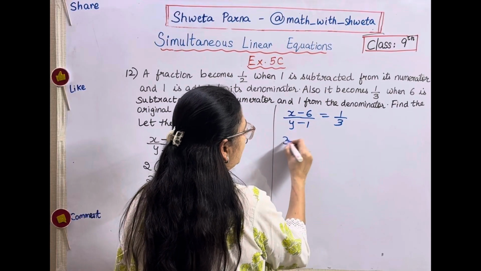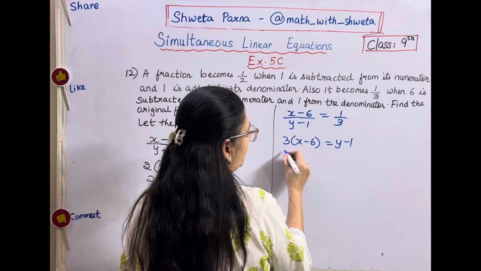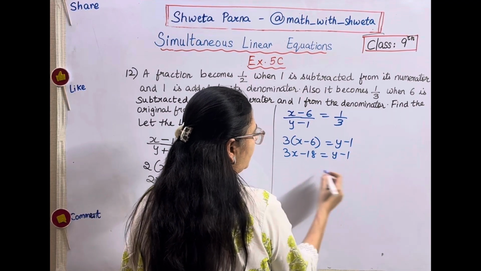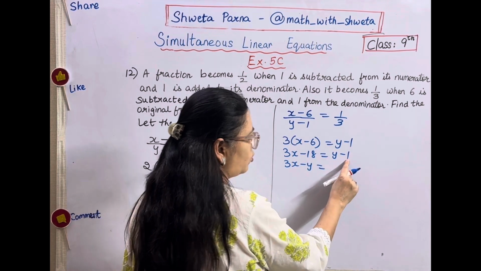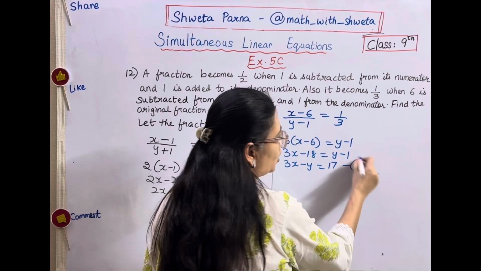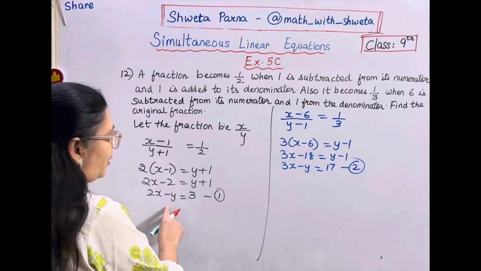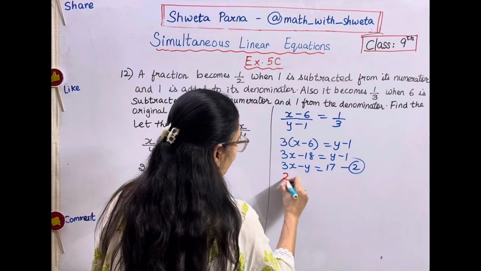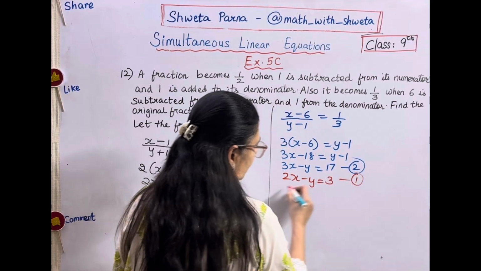Cross multiply. 3 into x minus 6 is equal to y minus 1. 3x minus 18 is equal to y minus 1. 3x minus y is equal to minus 1 plus 18, which will become 17. This is equation second. First equation and second equation, minus y, you can solve it, right? So I'll write this equation. 2x minus y is equal to 3. This is the first equation.